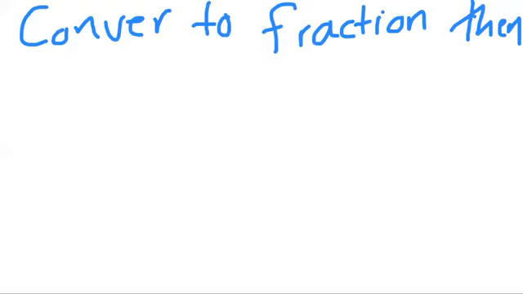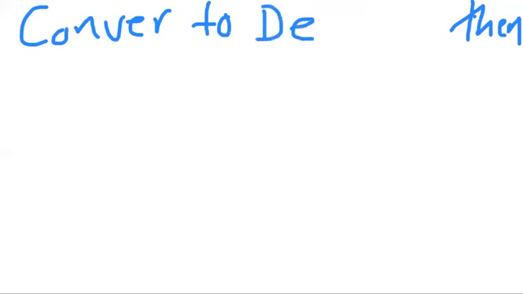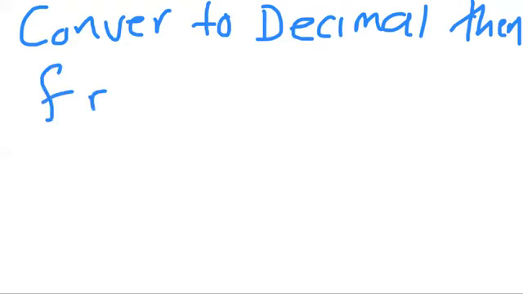Okay, convert to fraction should be the other way around. You should be converting to decimal, then fraction. Decimal, then fraction. I made a mistake there. Okay, how are we gonna do that? Convert from decimal then fraction.